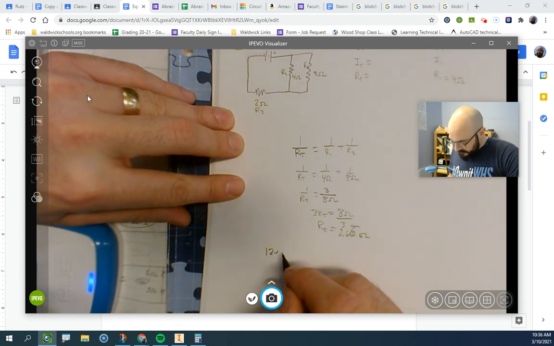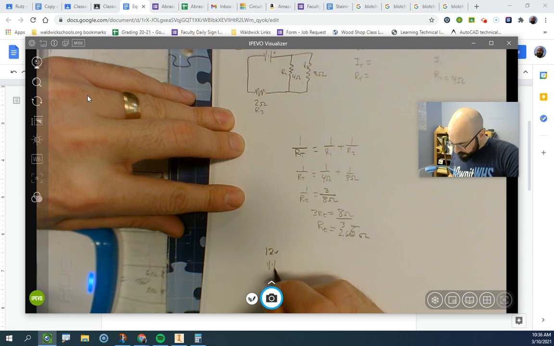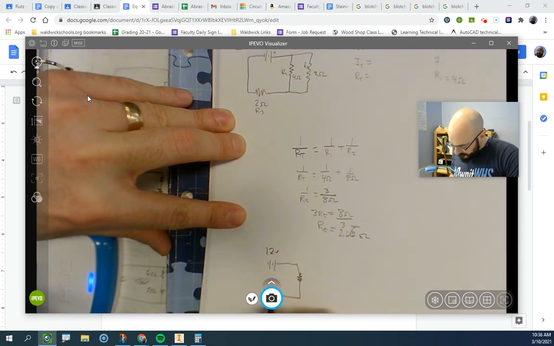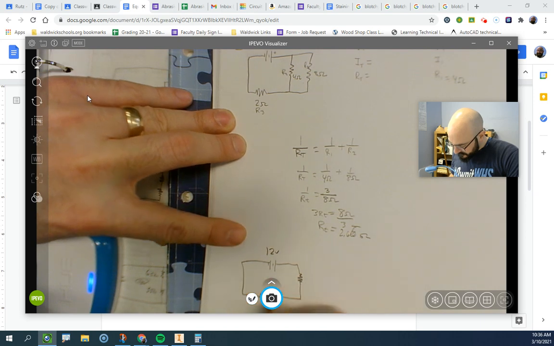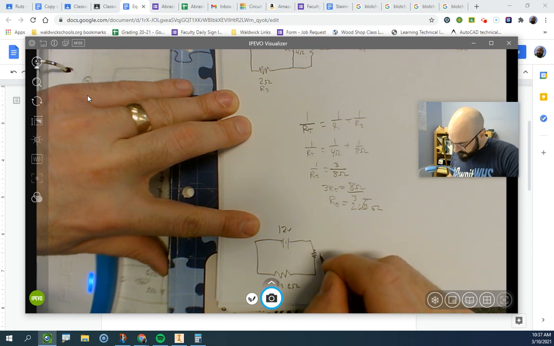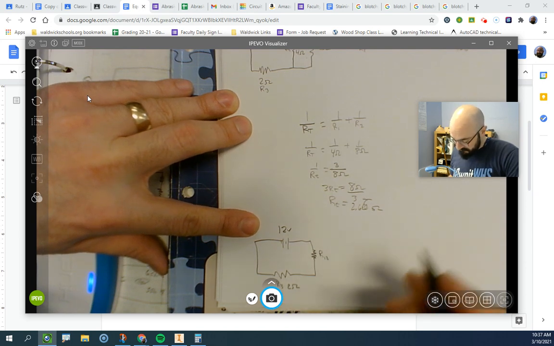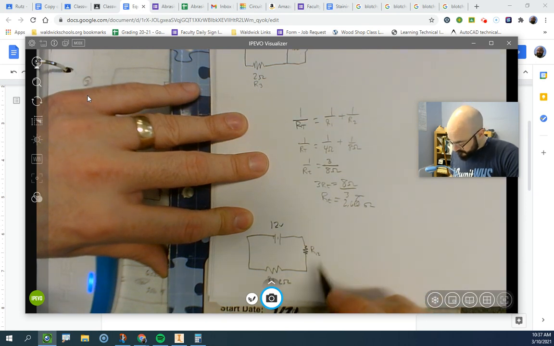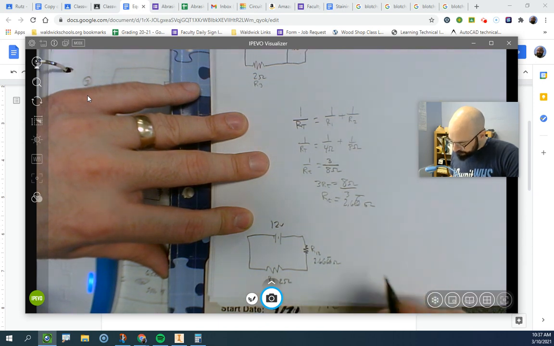12 volts. We just combine those two into this one, and we still have our series. So here it's resistor 3, and it's 2 ohms. This is resistor, I'm going to call it 1,2, because it's a mixture of the two, and it is 2.666 repeating ohms.